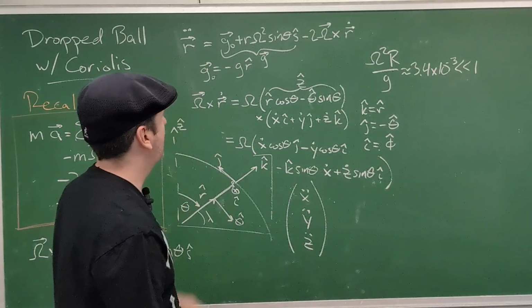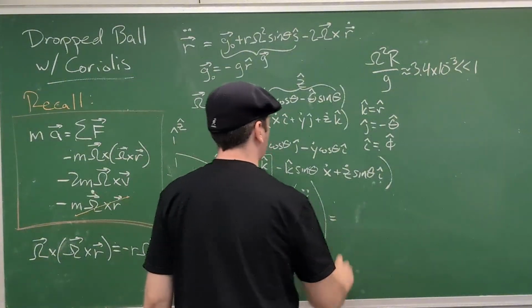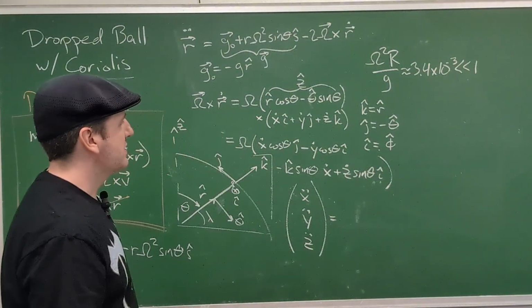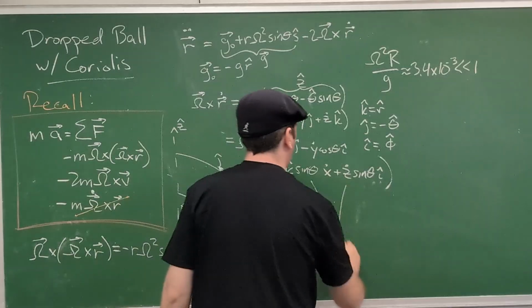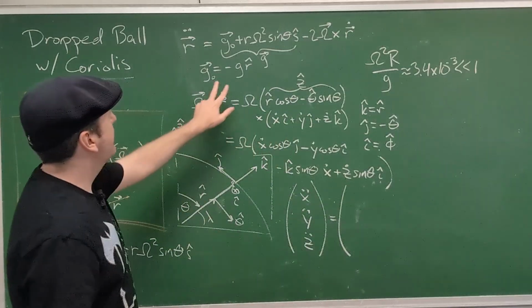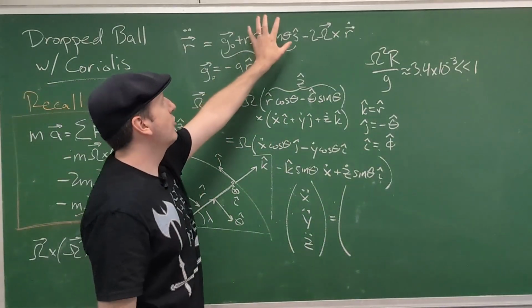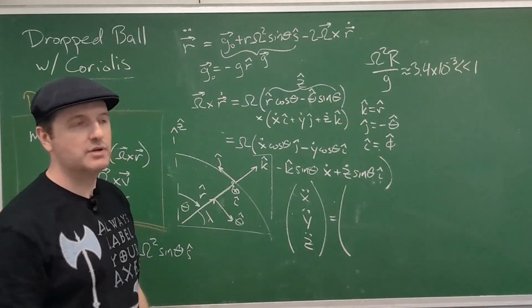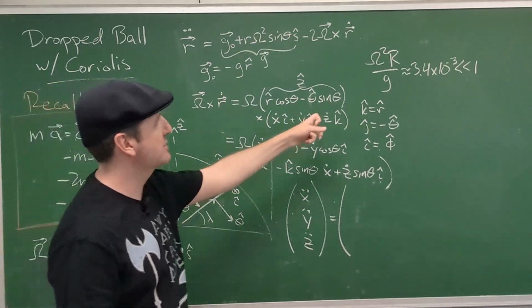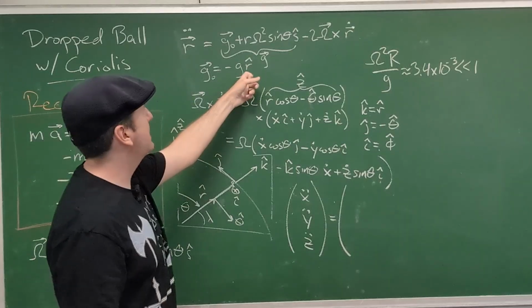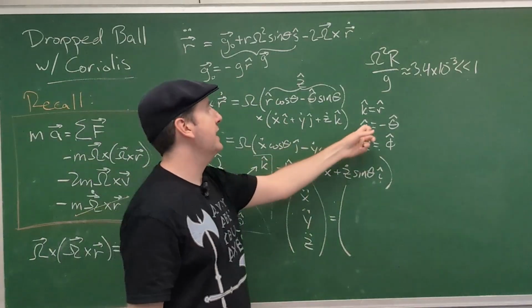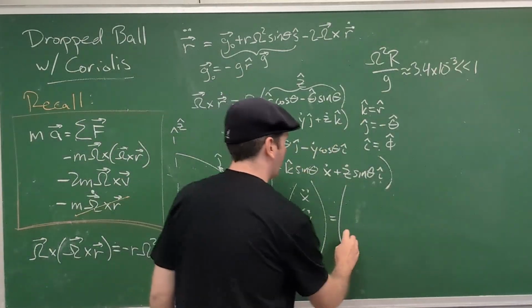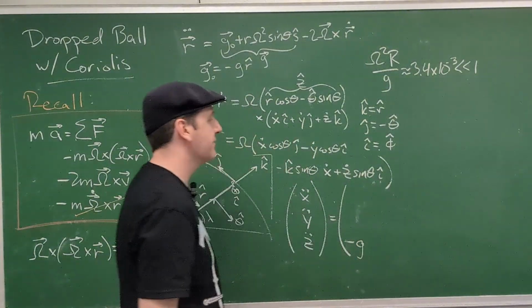That's the left-hand side. Well, what's the right-hand side going to be? Notice that this g term, if we ignore the centrifugal piece, which we should because it is small, is just in the negative r hat, aka negative k hat direction. So I'll have a minus g down here.